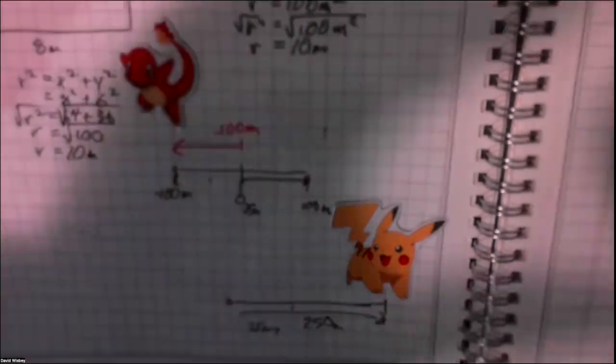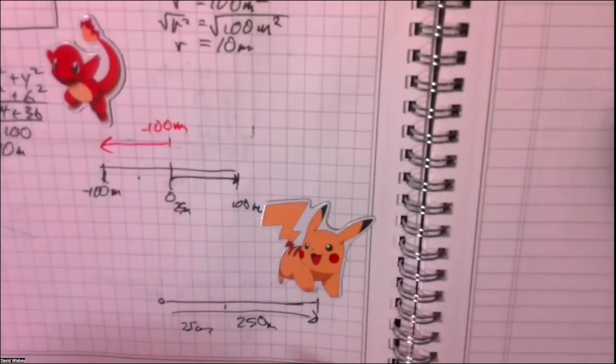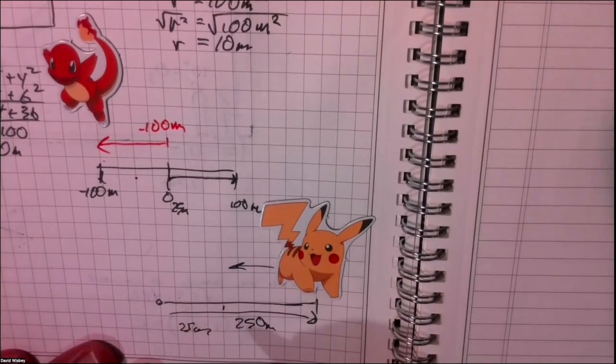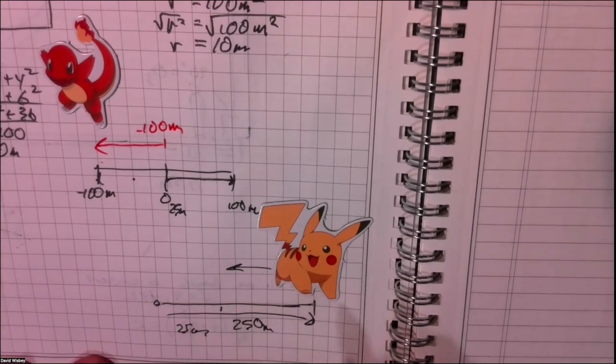Now, what if Pikachu starts heading back to the origin? If he starts going this way, his displacement vector is over here, but now his velocity vector could be pointing back that way.